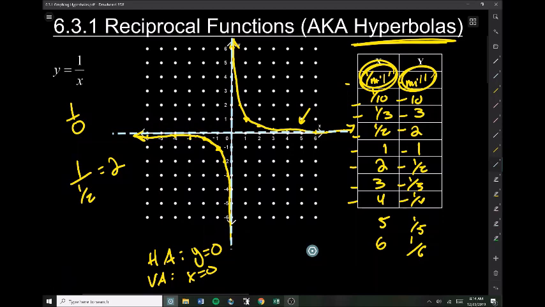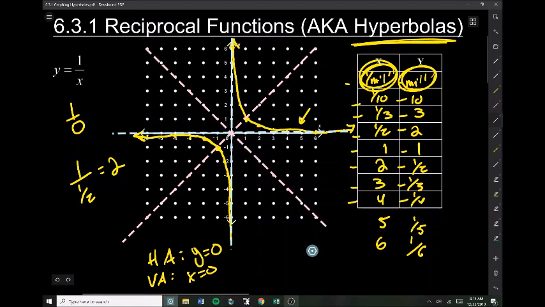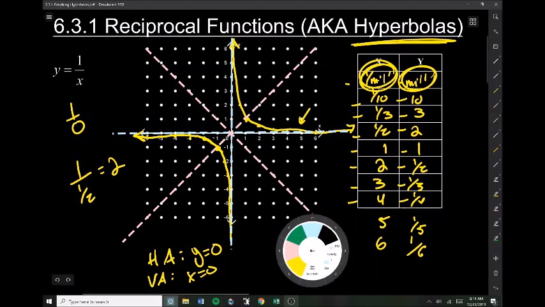But it also has some symmetry that I think is really cool. So there's symmetry here. If you reflect over the line y equals x, one half folds to the other. And there's symmetry here. If you reflect over the line y equals -x, they'll fold over each other. And you'll note that all four of the lines that I just graphed intersect at the origin.